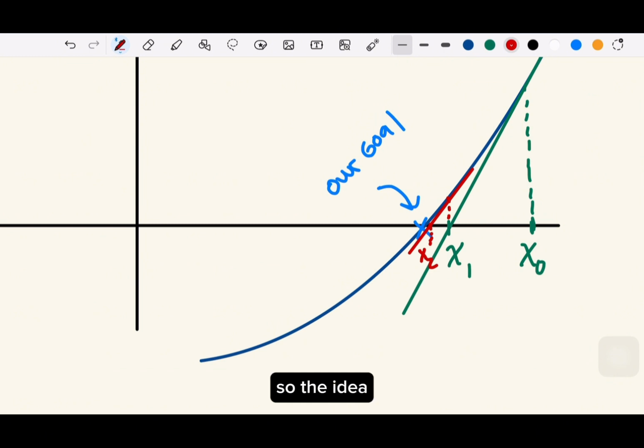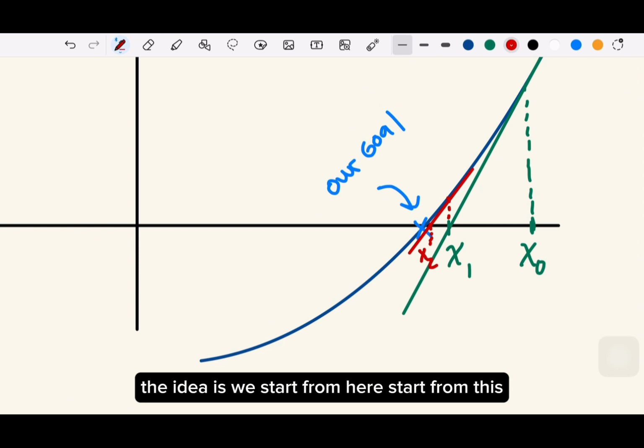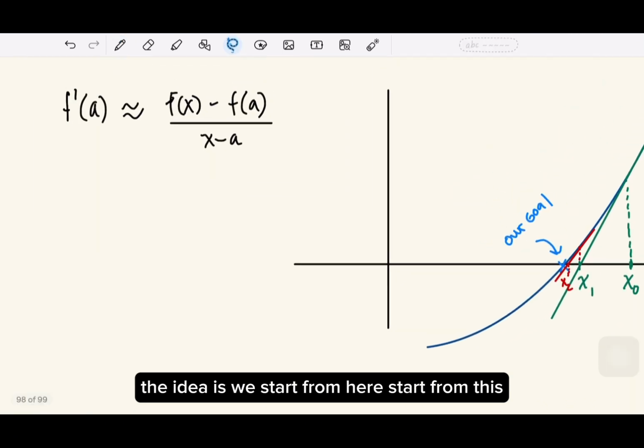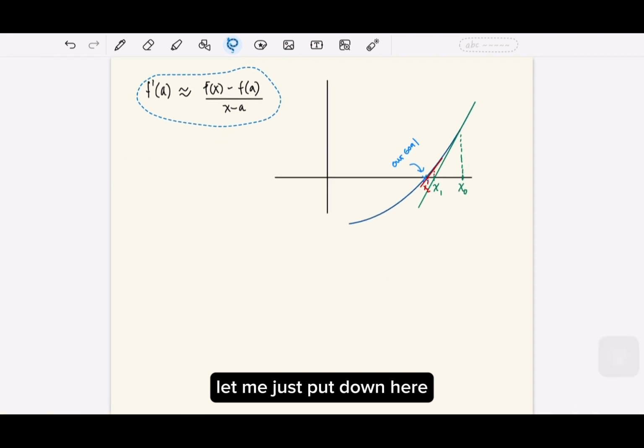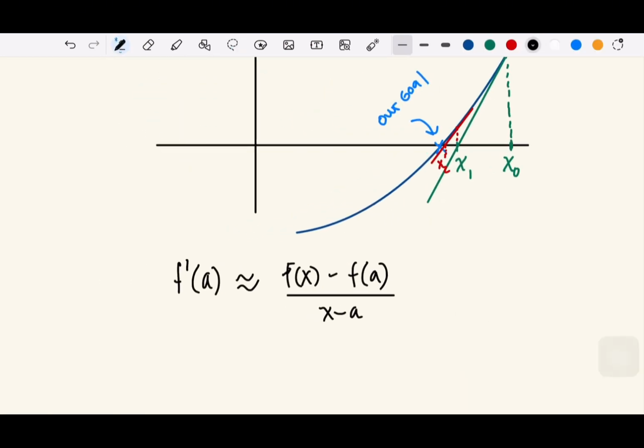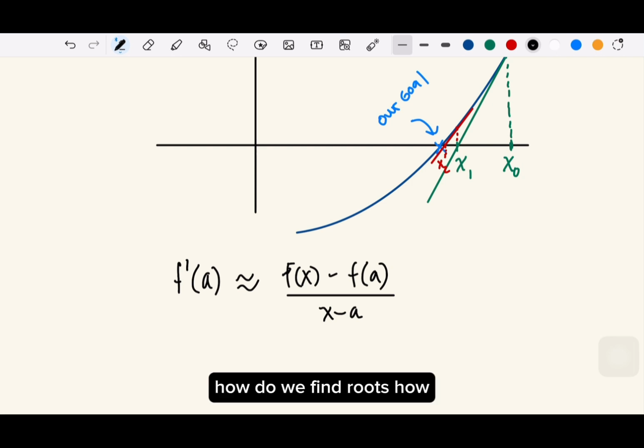So the idea is we start from here. How do we find roots?